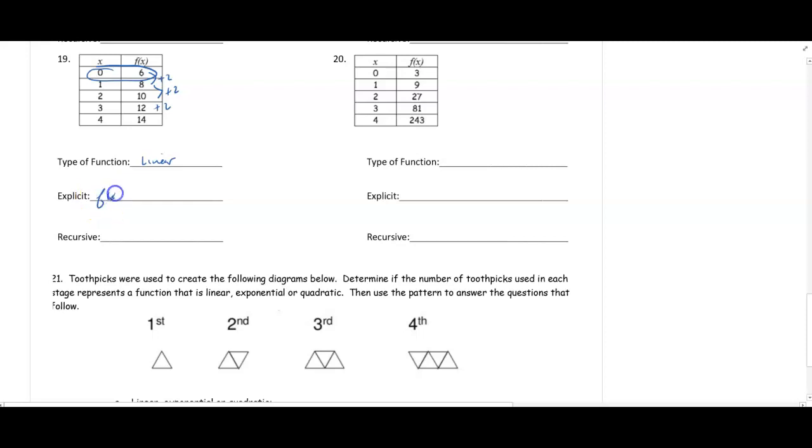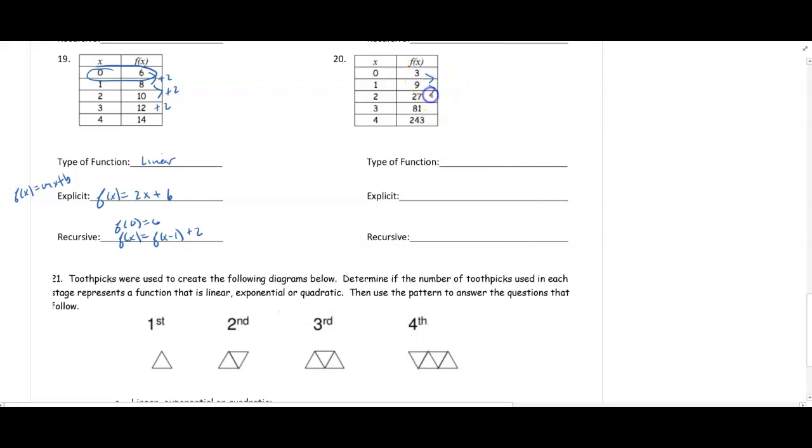It's going to be f of x equals, remember, mx plus b, so 2x plus my y-intercept, which is 6, so plus 6. My recursive rule: f of 0 equals 6, then f of x equals f of x minus 1. And what are you doing each time? Adding 2.